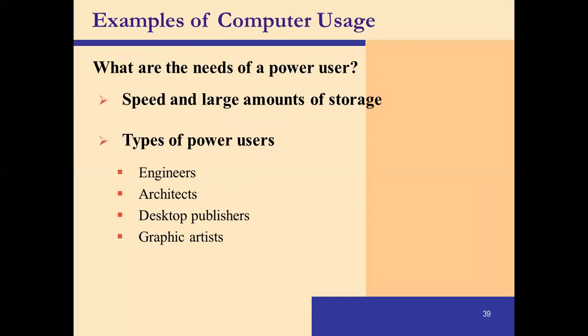And there are different types of power users: engineers, architects, desktop publishers and graphic artists. Graphic artists basically need more storage and speed than the other three, because graphics need rendering.